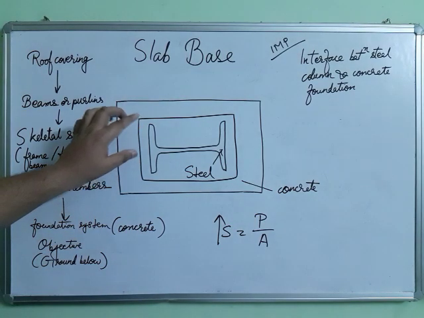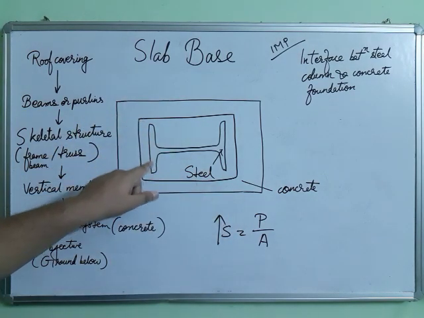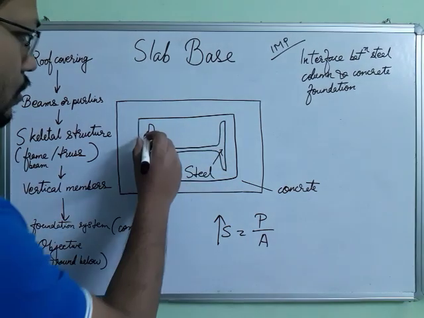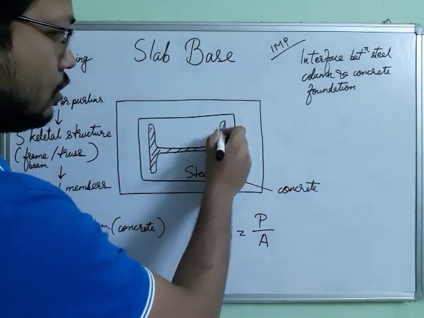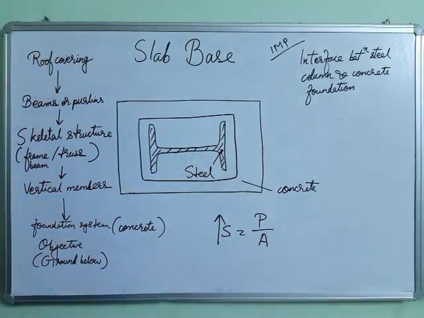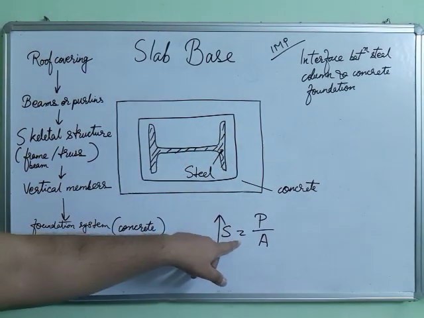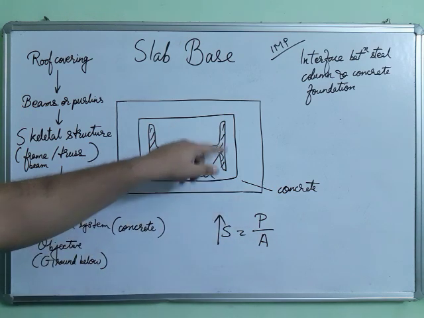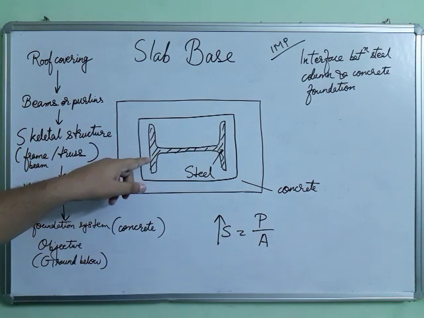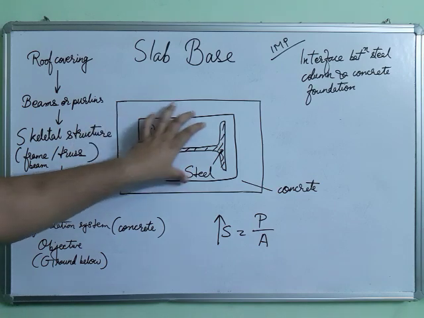Instead of concentrating the load P over this area, over a smaller area, because smaller area will be giving higher stress. So instead of concentrating the load P on a smaller area, we try to distribute it over a larger area like this.